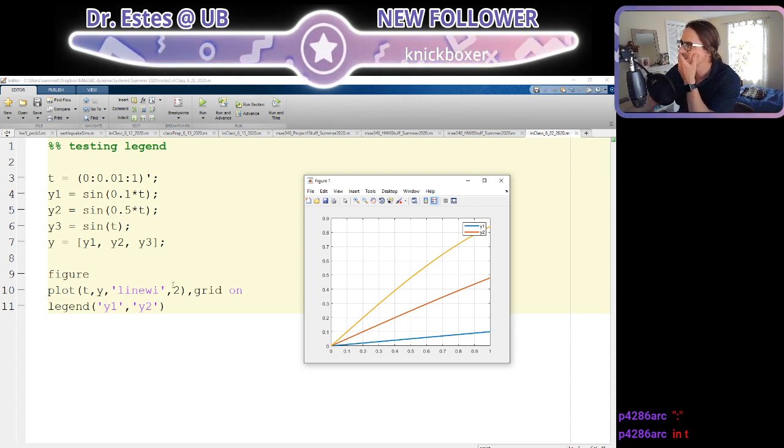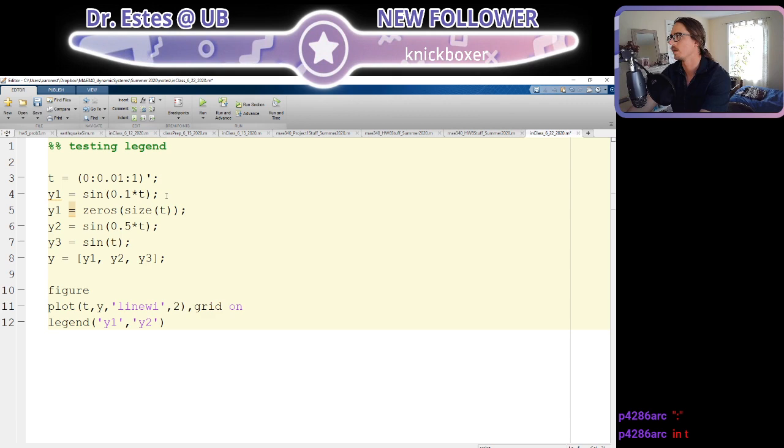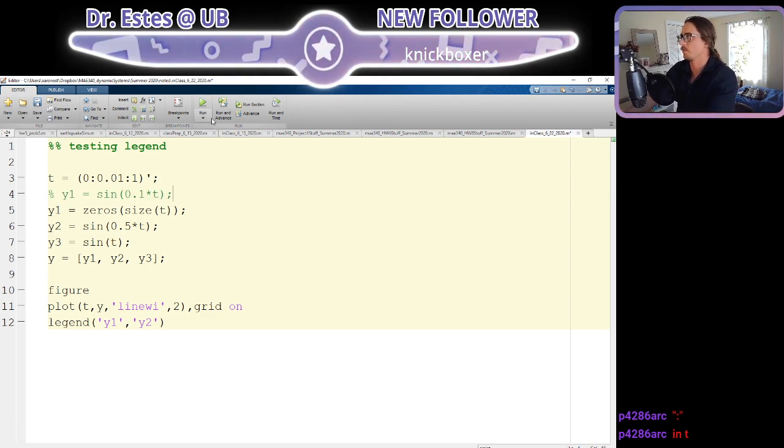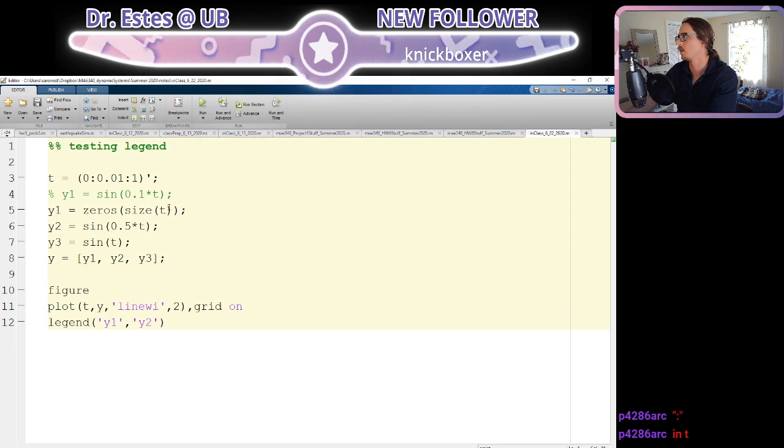Because if I do, let's see if I could artificially do it. What if instead I say y1 equals zeros and it's the same size as t? And then I'll just comment this out and run it again. Well, actually you can still see y1. What if I do... How do you make not a number?